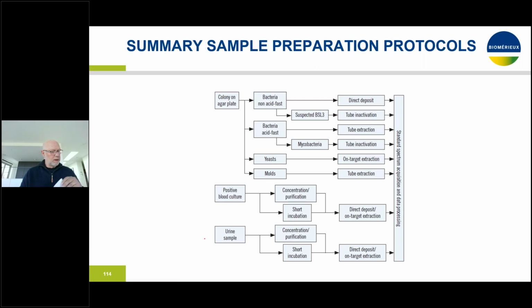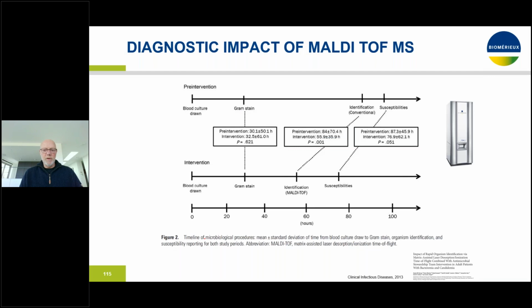It is important to realize that these are samples that become available in the lab and are important in providing a more direct diagnostic impact of MALDI-TOF MS. I talked about that difference between MALDI-TOF MS, with the prerequisite of culture, and sequencing or PCR as more direct on-sample technologies.